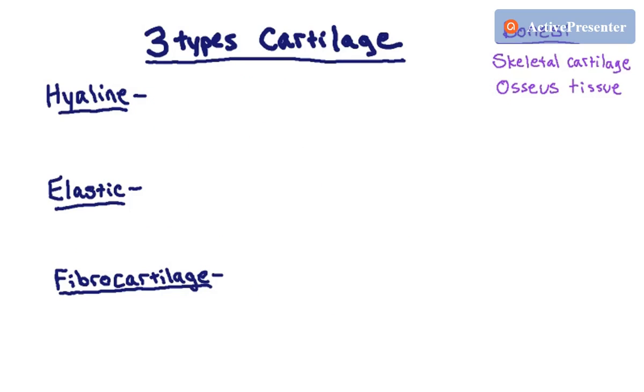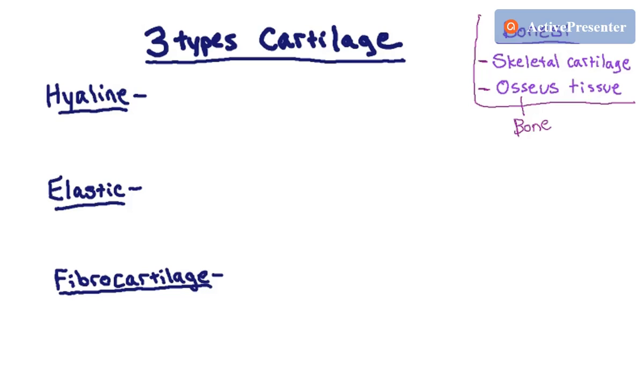If you notice up here to the upper right, I made a note. Out of bones, there's two different components, you would say, in bones in our skeletal system. One is the skeletal cartilage, and the other one is osseous tissue. And osseous just means bone.